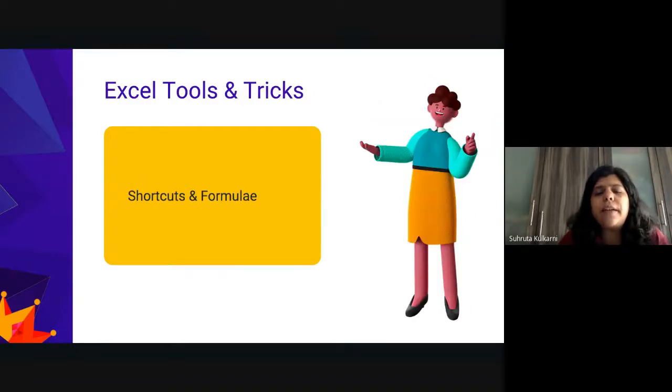There are obviously some Excel tools and tricks. Typically there are a lot of inbuilt Excel formulae which help you to build a financial model. Also, one thing all the expert financial modelers tell you is that you shouldn't be using your mouse too much. You should be adept enough to use all the keyboard shortcuts, because it's a huge activity.